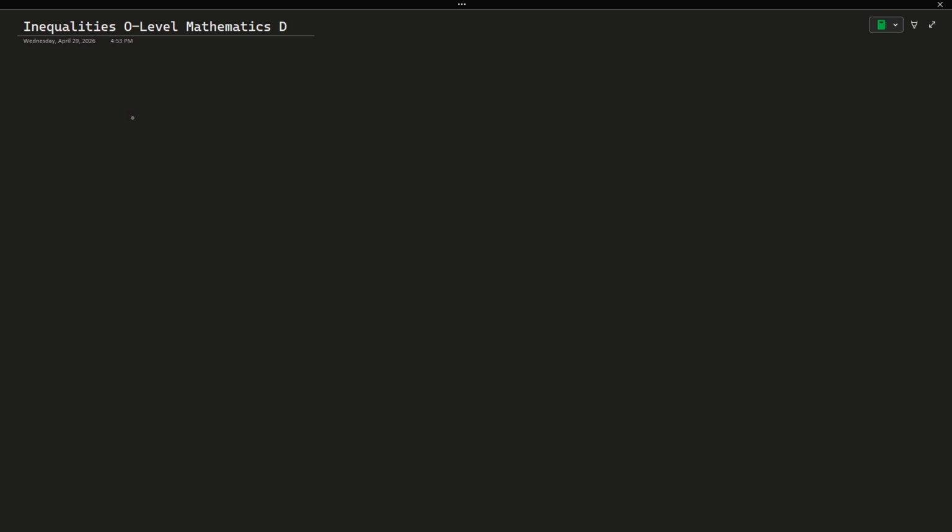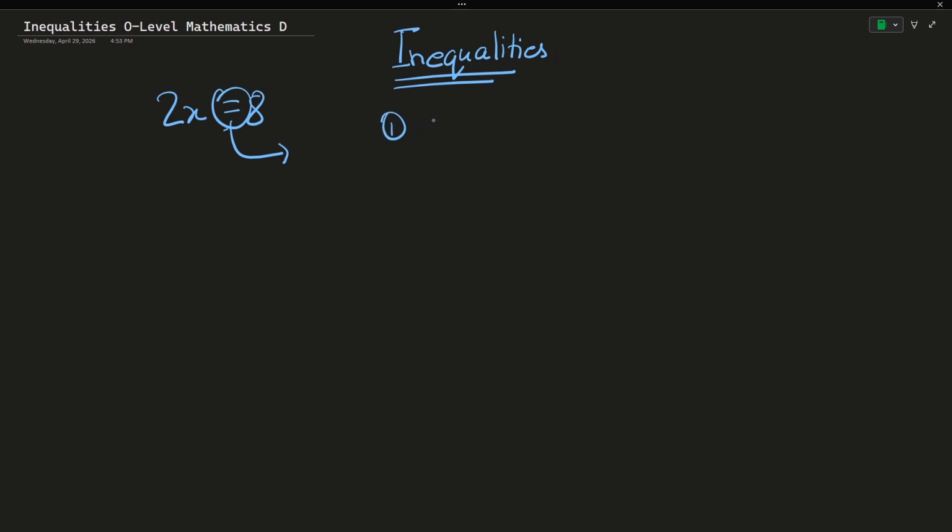Okay, now inequalities are very similar to equations. Let's say we have an equation that is 2x equals 8. Now the only difference between an equation and an inequality is that we just use different signs instead of our equal sign. So in inequalities, the first sign is less than, the second sign we use is greater than, the third sign is less than or equal to, and the fourth sign we use is greater than or equal to.